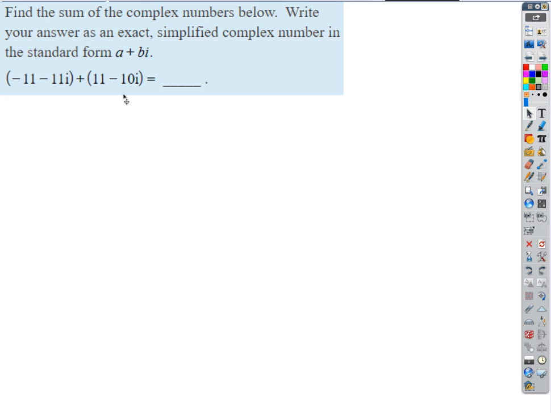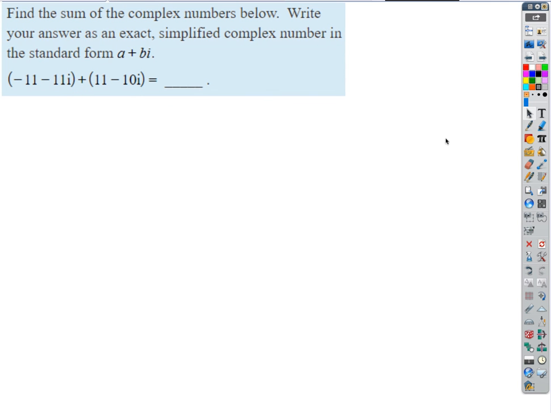What would you do? You're just going to add the real parts, right? So we can add, these are like terms, right? Do the parentheses even do anything here? No. They really don't. Why do you suppose they're even there? Well, maybe to separate the two complex numbers. Here's one complex number plus a second one, so we could put parentheses around them just to distinguish the first number from the second one. They don't really accomplish anything mathematically, do they?